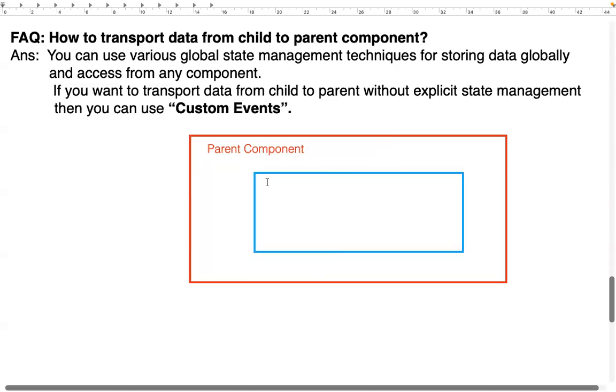Now the concept is, from parent, data flows directly into child. There is no problem. But from child, we need to transport data to parent.